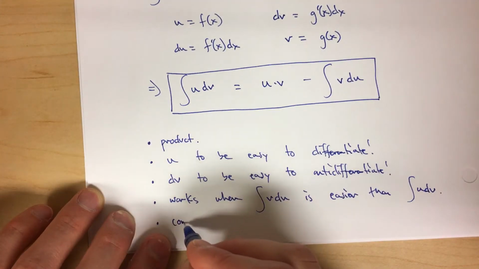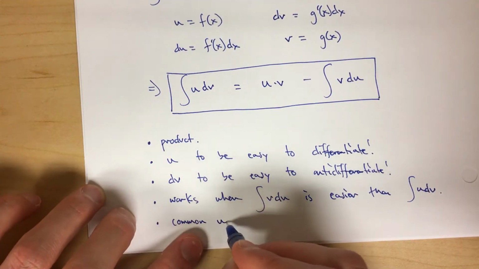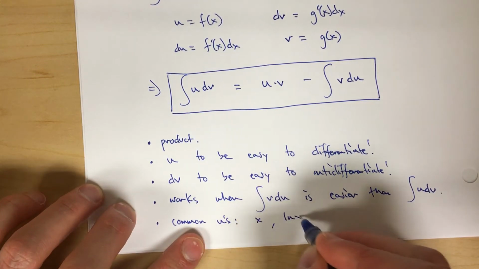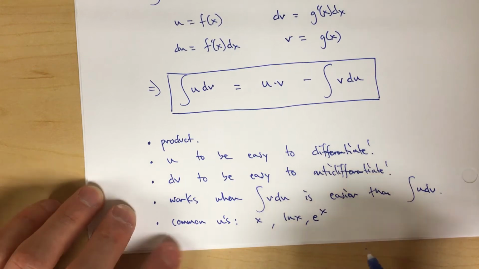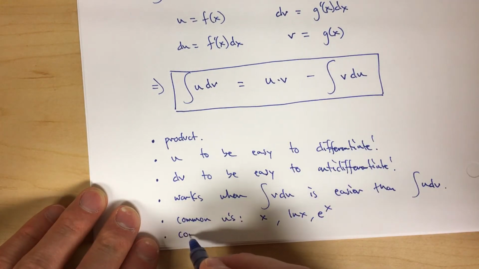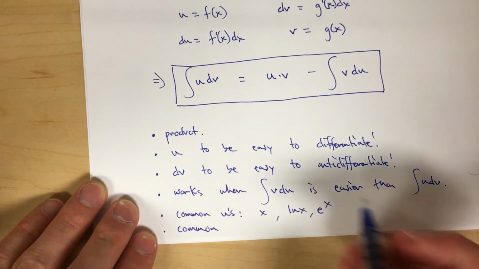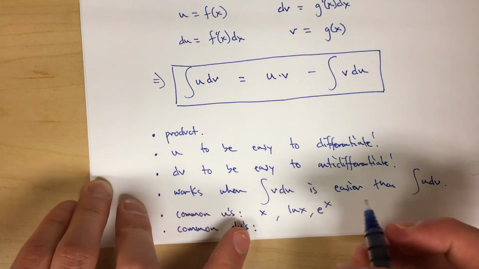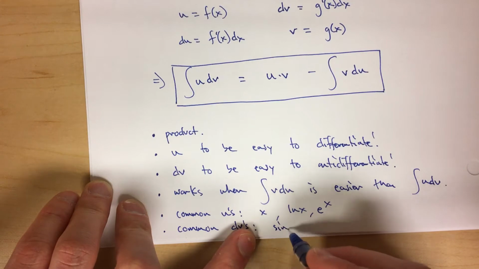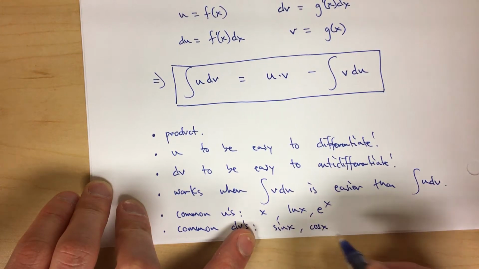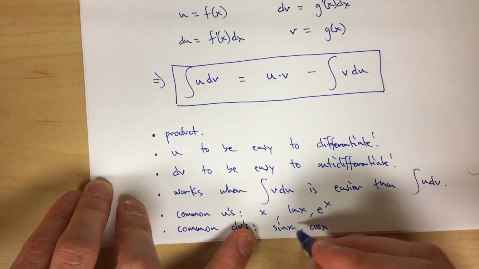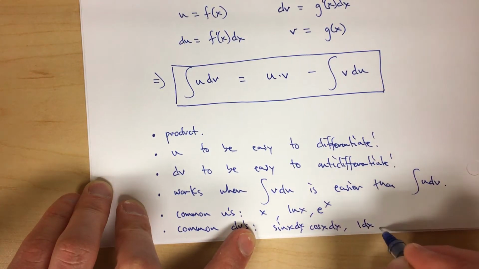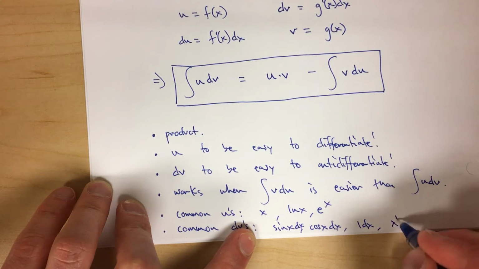So some common u's are x, ln x, e to the x. Some common dv's are sine x dx, cosine x dx, maybe even 1 dx, or say x to the n dx.